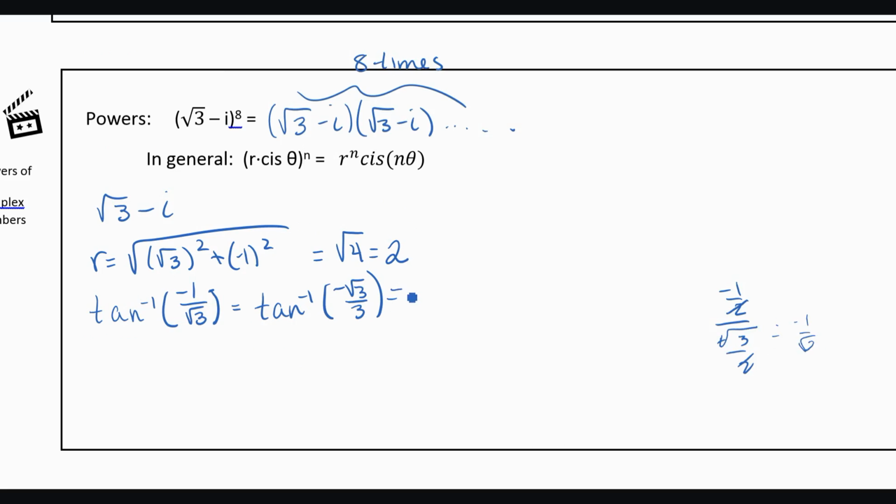So this is 330 degrees, which is the same as 2 CIS of 330 degrees.